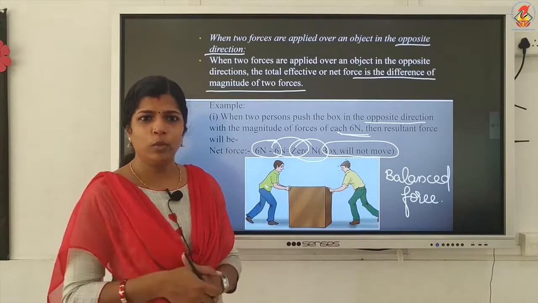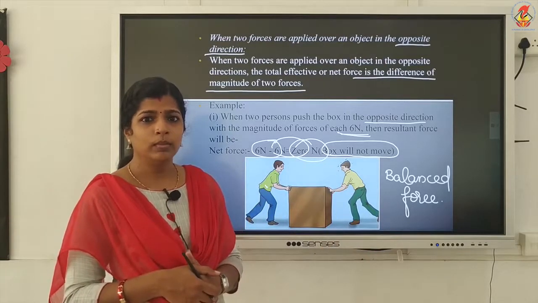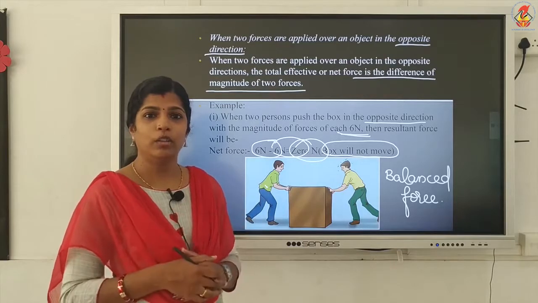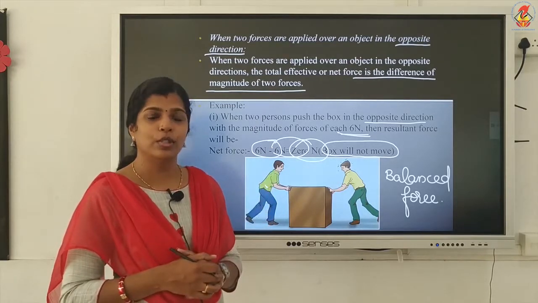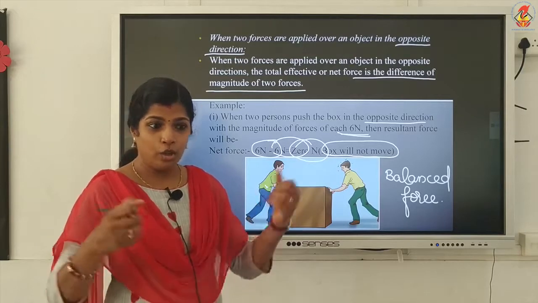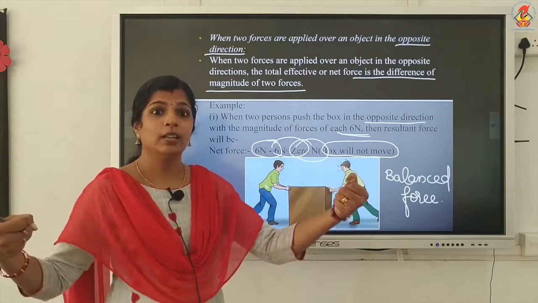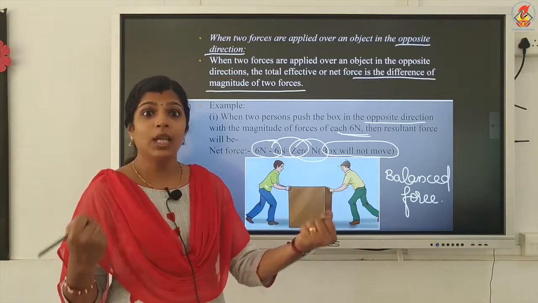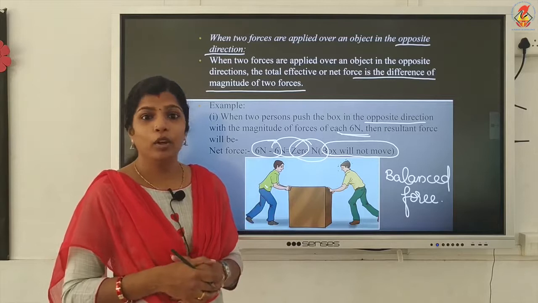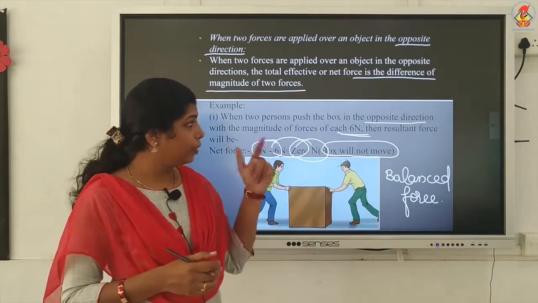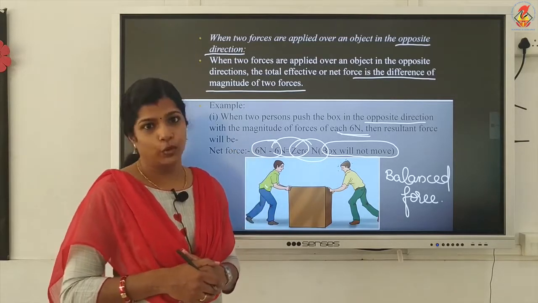Will the rope move? The rope will not move, because a balanced force is there. From the two sides they are applying equal force, so the rope will not move. That is an example of balanced force.